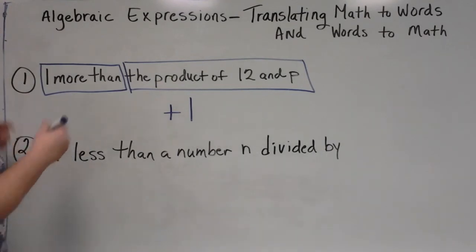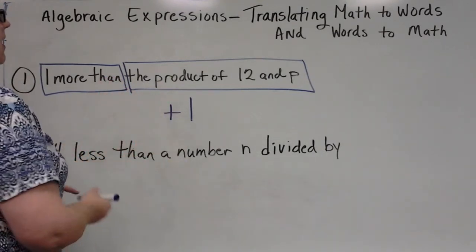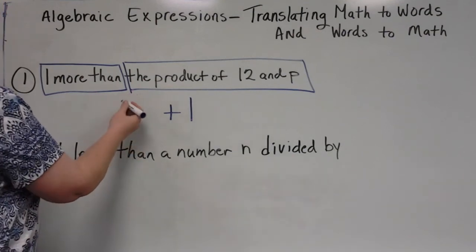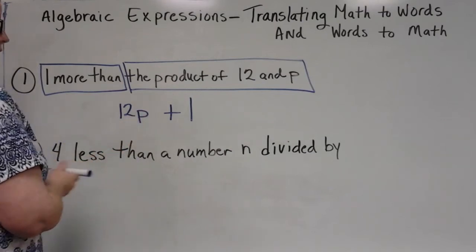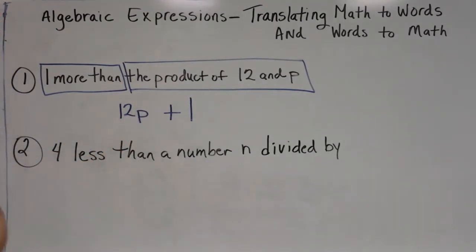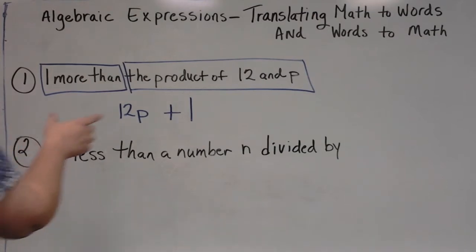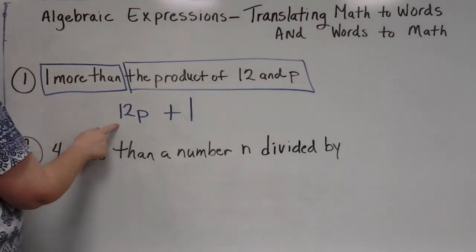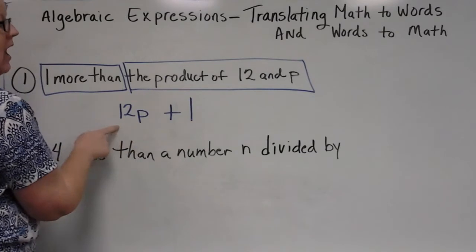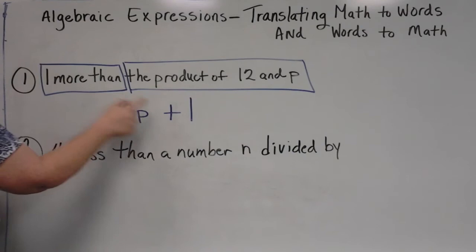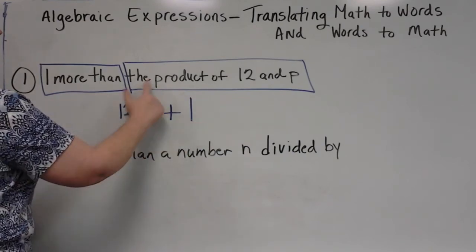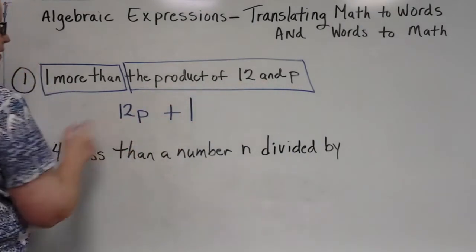The product of 12 and p. So 1 more than the product of 12 and p looks exactly like that. We took words and we changed it into math, to an algebraic expression. See how that's 1 more than, that's the plus 1, the product of 12 and p multiplied together.